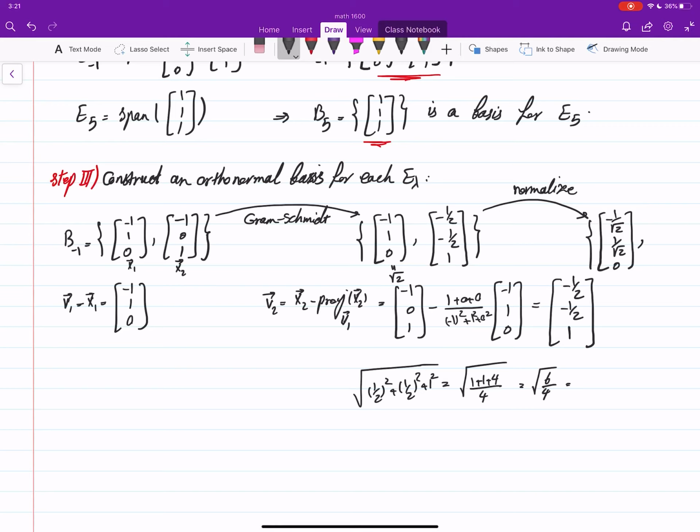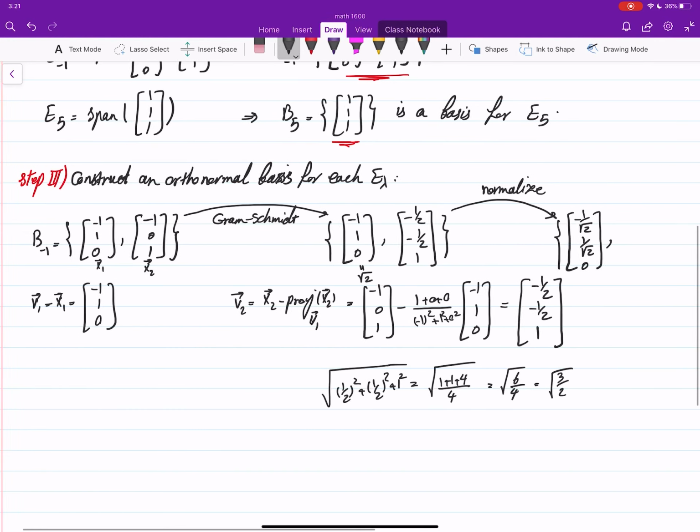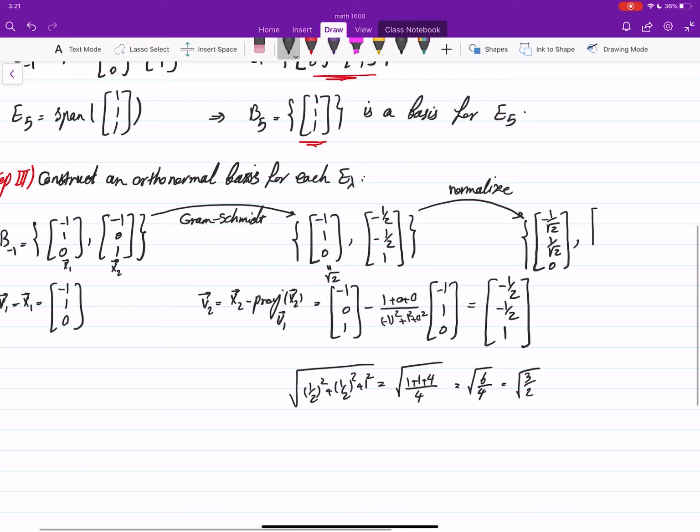That is just root 6 over 2. Now 1 over that will cancel that.